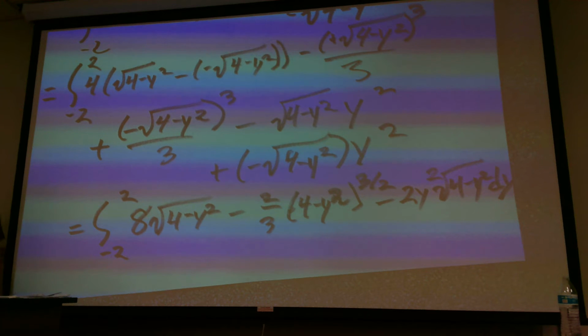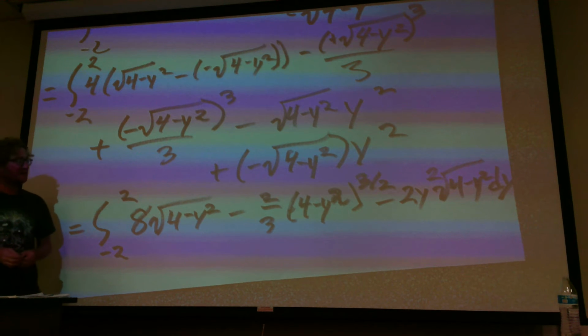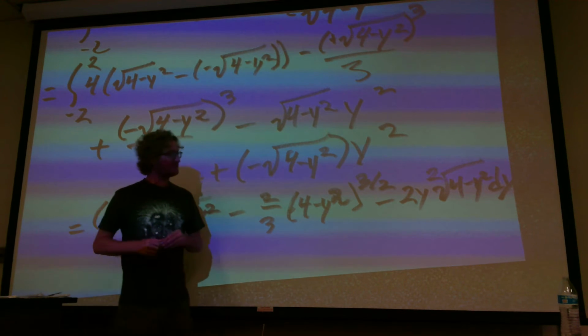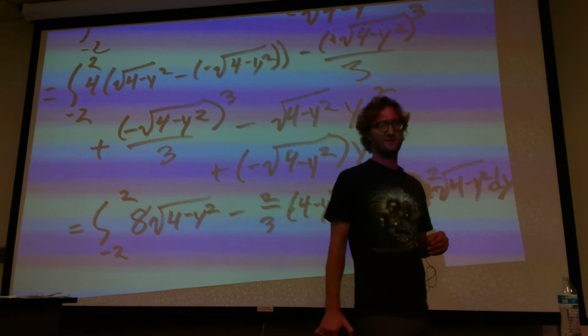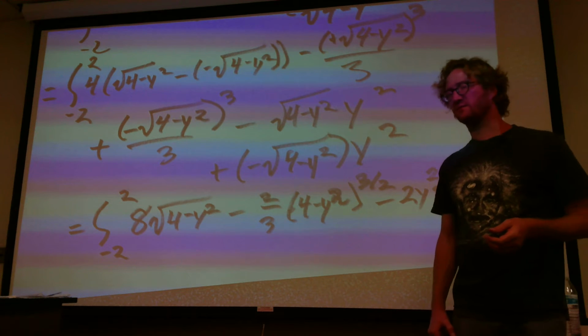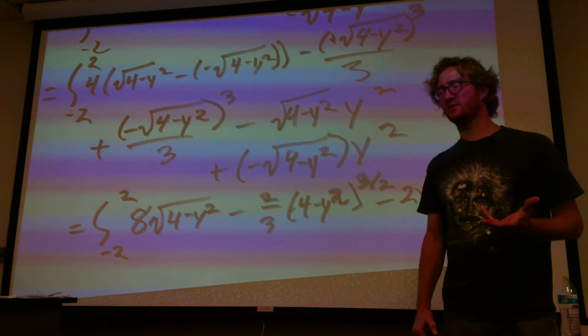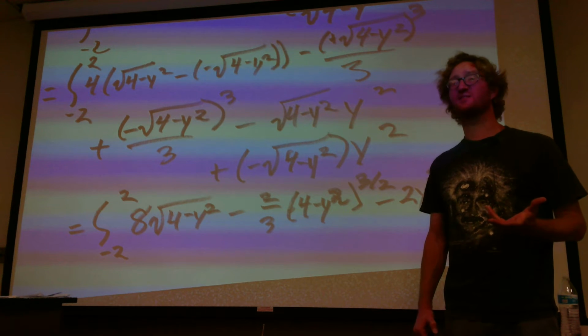Oy. And then what would I have to do? Your only option on this problem is then to say y would equal 2 sine theta, and to make a trigonometric substitution. So this problem is pretty nasty.